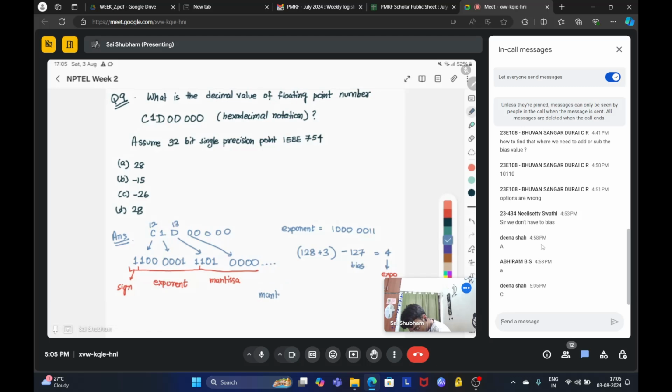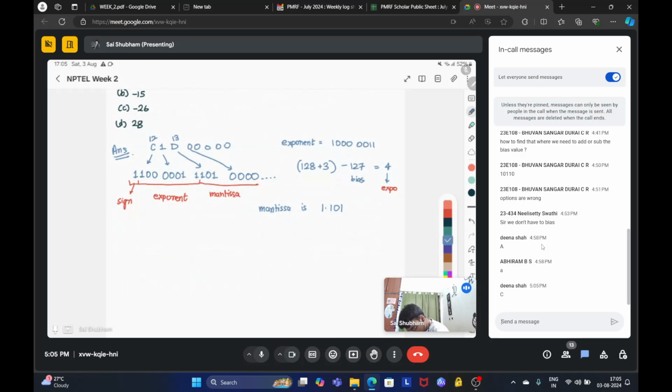So the mantissa is 1.101. Okay. So our number is 1.101 into 2 power 4.